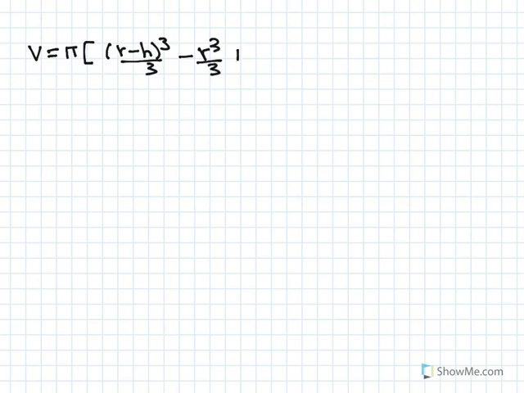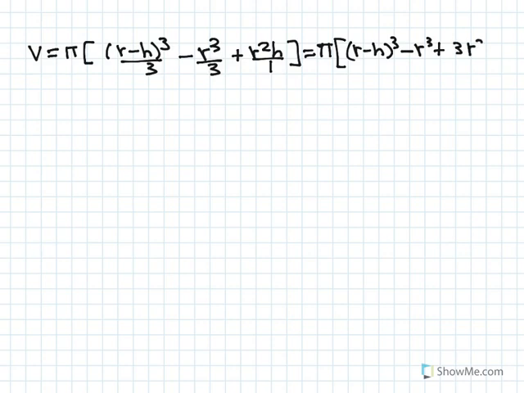All right, so what we have is volume is equal to pi times r minus h all cubed divided by 3 minus r cubed divided by 3 plus r squared h divided by 1. Adding these fractions, taking a common denominator, we get pi times r minus h cubed minus r cubed plus 3r squared h, divided by 3.